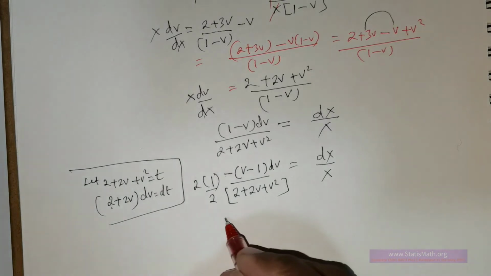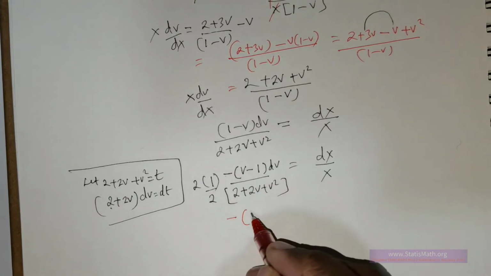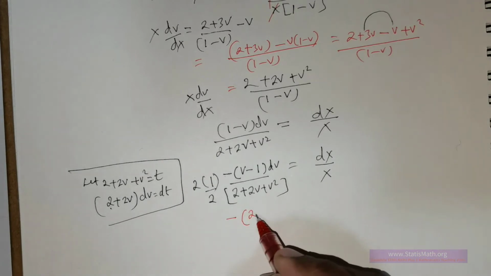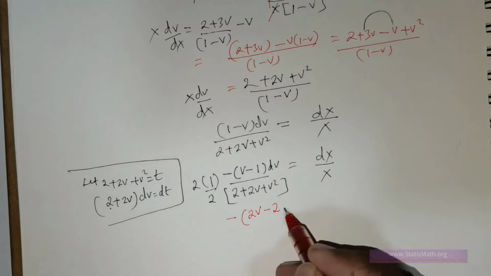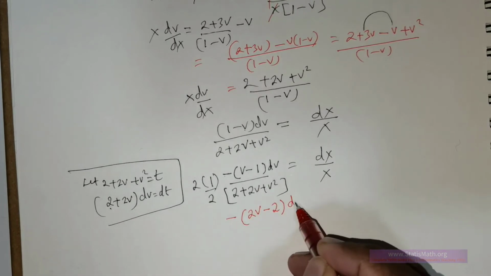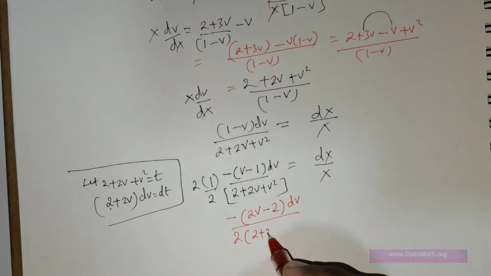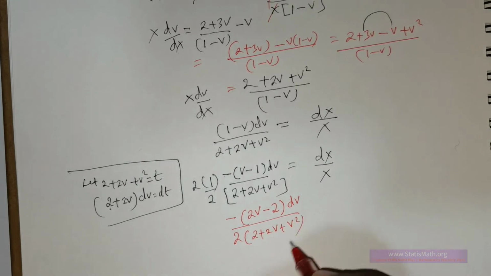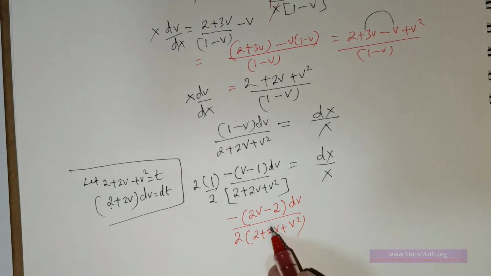So now I can rewrite this as negative, moving this 2 inside, so that's going to be (2v − 2) dv divided by 2 times (2 + 2v + v²). So this is what I have got. Now still I did not.